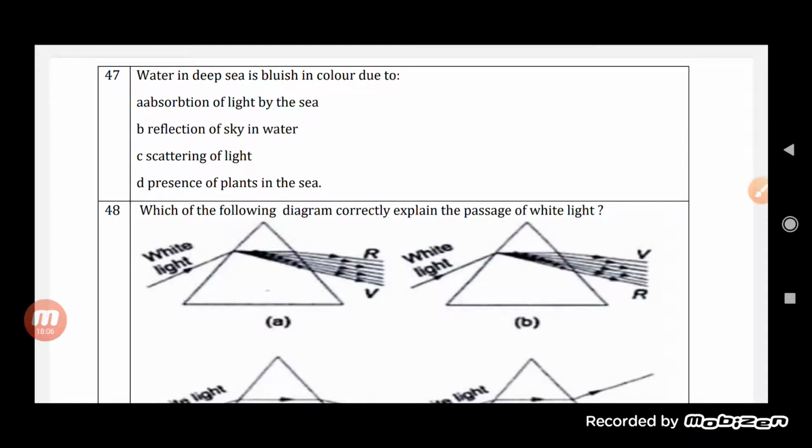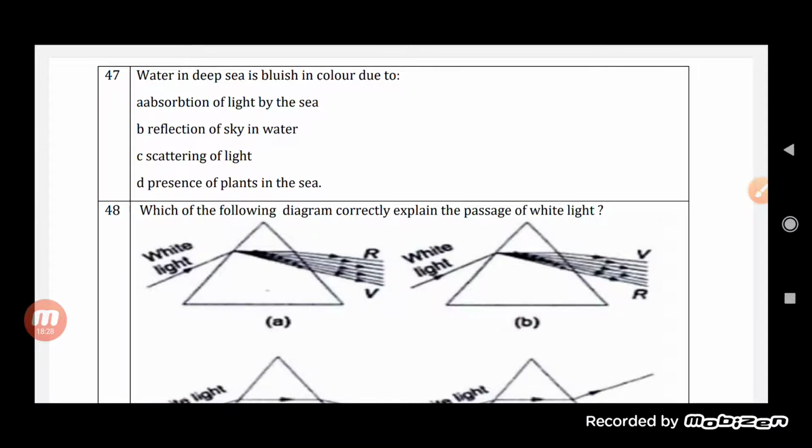Now see here, the question is: water in the deep sea is bluish in color due to absorption of light by the sea, reflection of sky in water, scattering of light, or presence of plants in the sea. Why does water appear bluish in color?